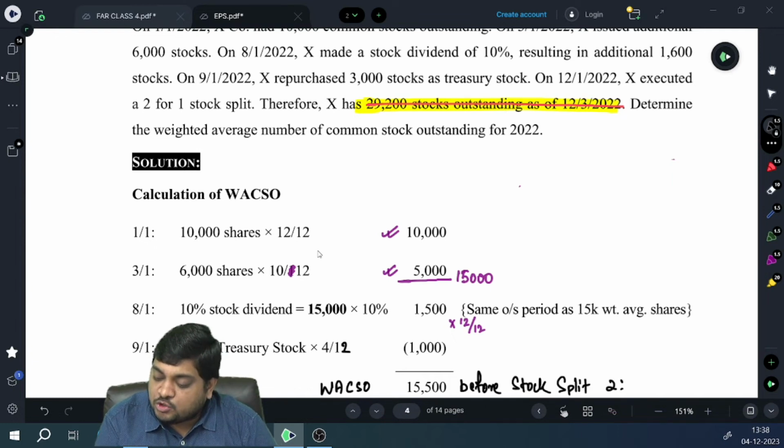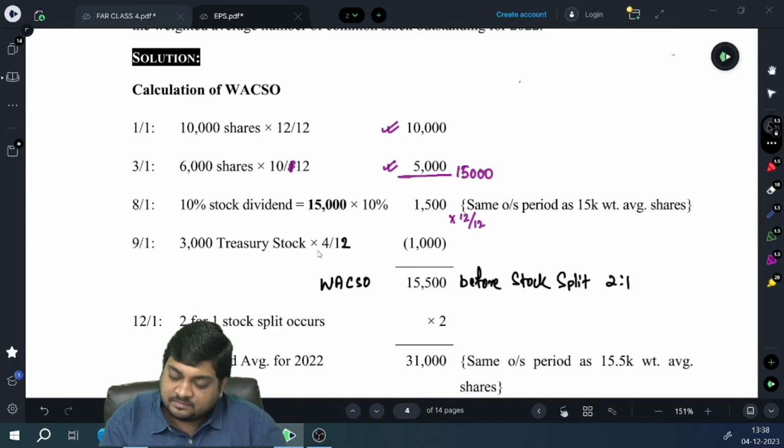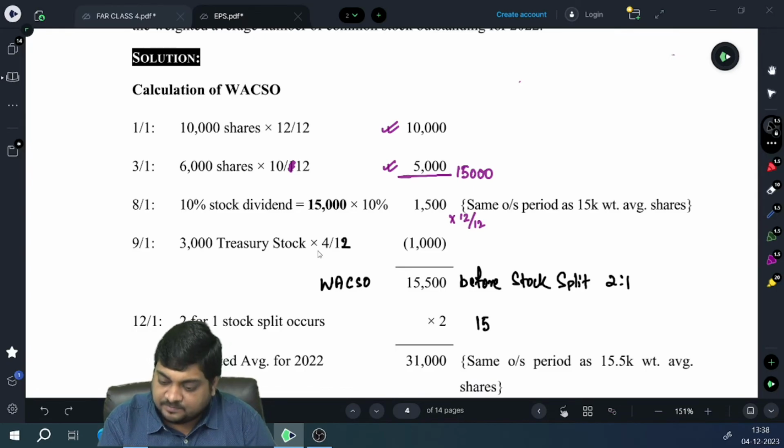A 2:1 stock split means an equal number of shares again, and this will be considered for the full year. So instead of multiplying by 2, I can do 15,500 here. So anyway, I'll get 31,000.